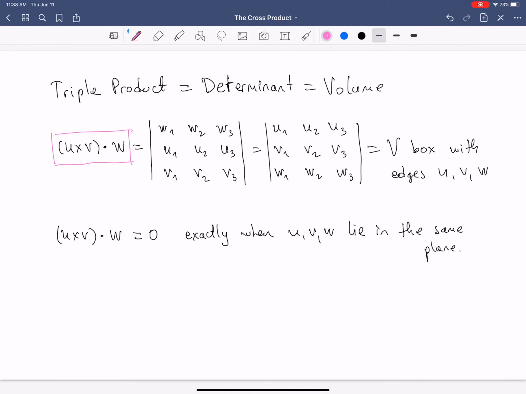So one way to check linear independence of three vectors is to check whether or not the box obtained by their edges, where U, V, W represent edges of the box, has a volume or not. It makes sense that a two-dimensional object, which you would get if all vectors are in a plane, has a volume equal to 0. So you have that squashing happening.